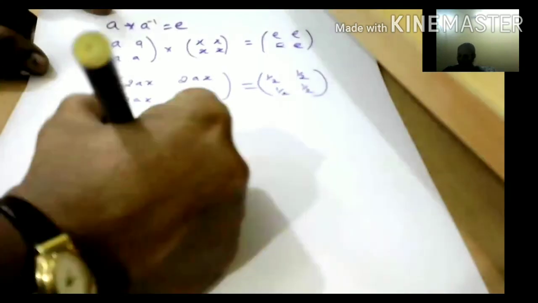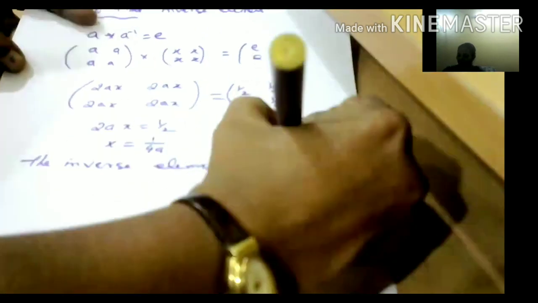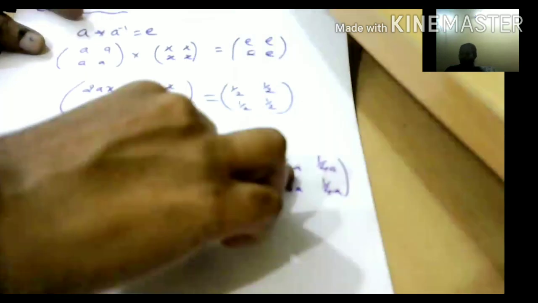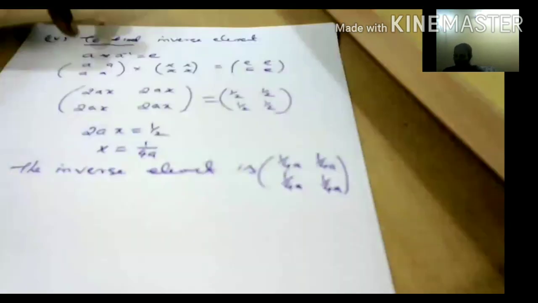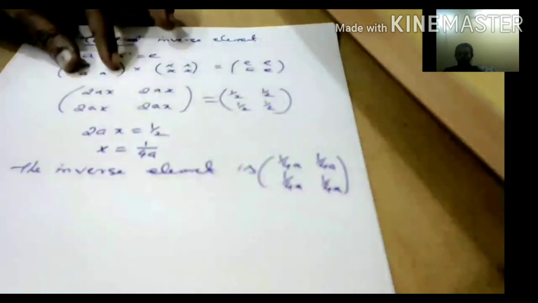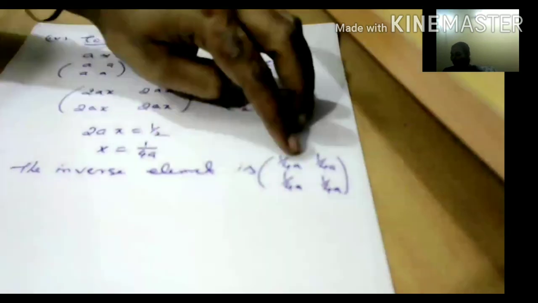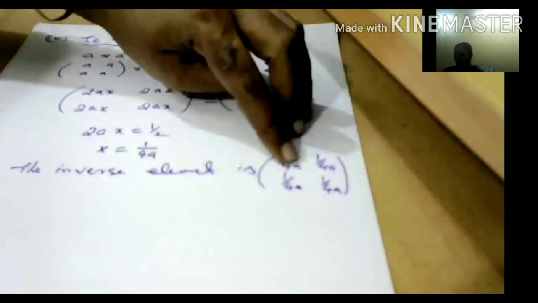So now we can write the inverse element. The inverse element is the matrix with every entry 1 by 4A. So if you take a matrix A, the inverse element is 1 by 4A in each position. Suppose you have taken the matrix with all entries 2: for finding its inverse element, just put A equal to 2 in 1 by 4A.